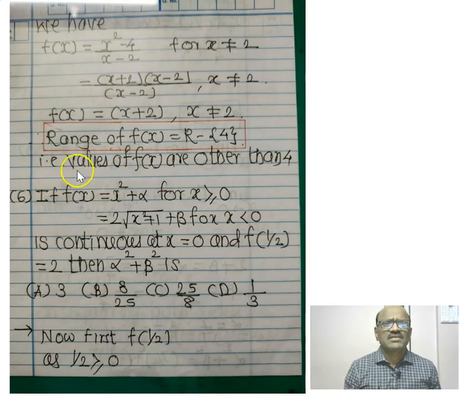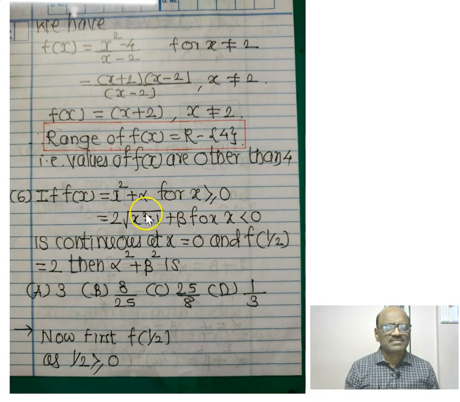Now next, the values of f of x are other than 4. Next, question number 6. If f of x is equal to x square plus alpha for x greater than or equal to 0, and equal to 2 root of x square plus 1 plus beta for x less than 0.